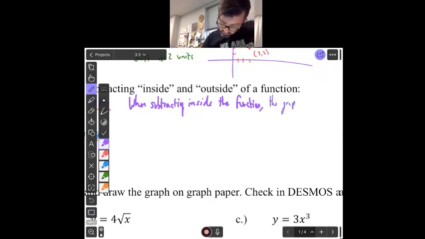Subtracting inside, the graph shifts right.